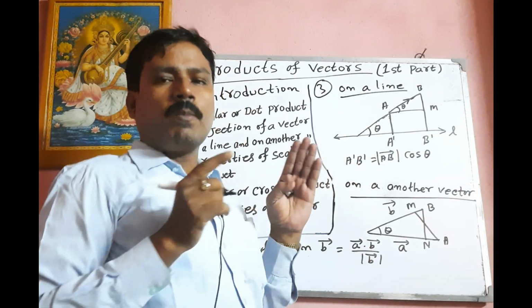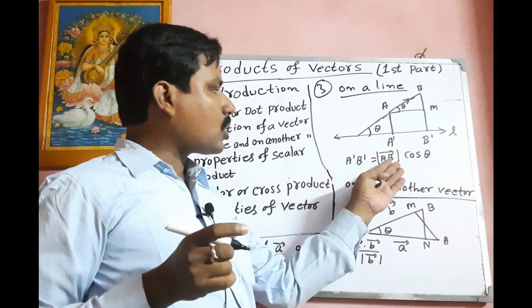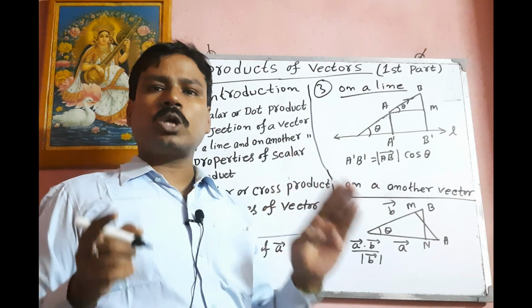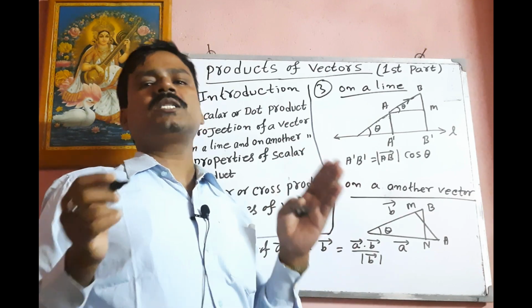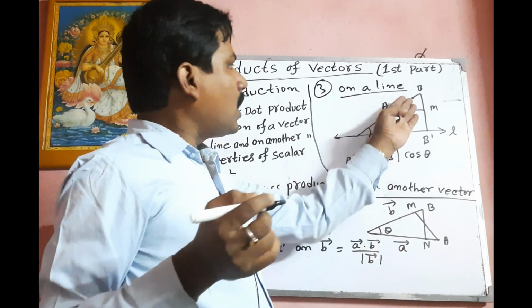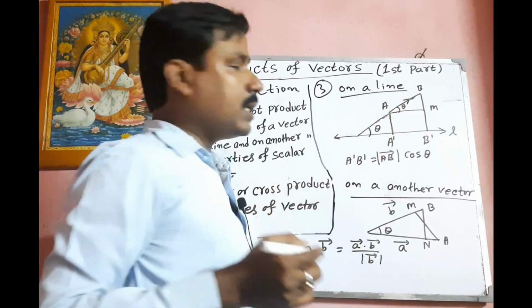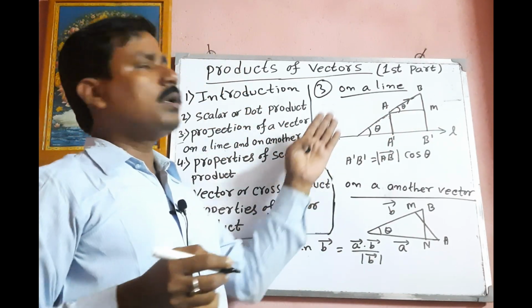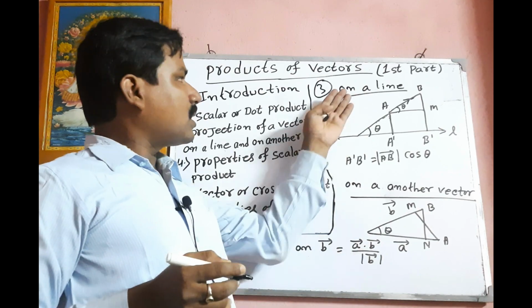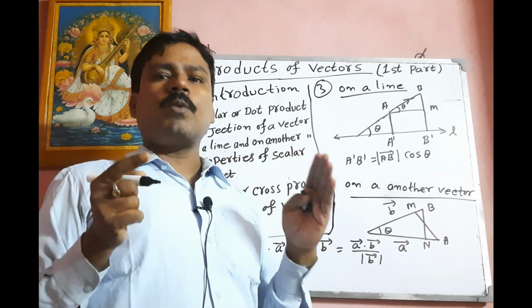That is the mod of AB vector multiplied with cos theta, where theta is the angle between the vector and the straight line.